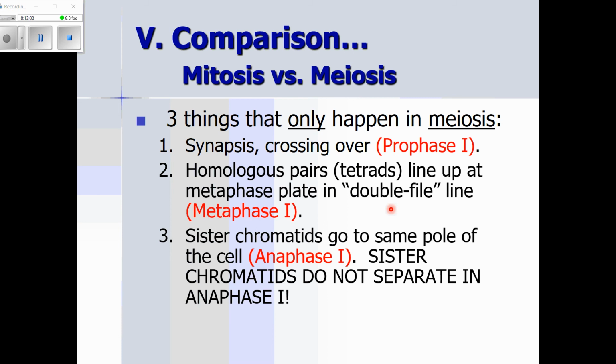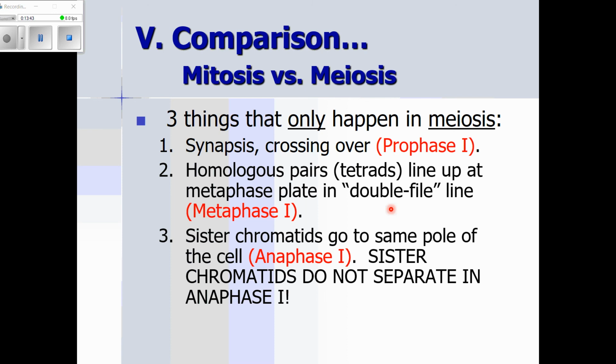And the third thing that happens in meiosis but never, ever, ever happens in mitosis is when you have sister chromatids still attached to each other and traveling to the same end of the cell. That never happens in mitosis, because in anaphase, when the chromosomes are pulled apart, one chromatid is pulled to one end and the other chromatid always goes the opposite way. But remember, in anaphase 1 of meiosis, the sister chromatids remain connected.